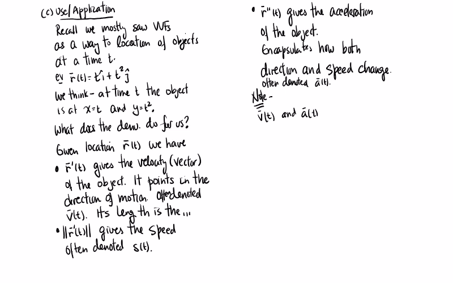So the velocity and the acceleration are anchored at the object because we think of them as properties of the object. We'll see what this looks like when we draw a picture.